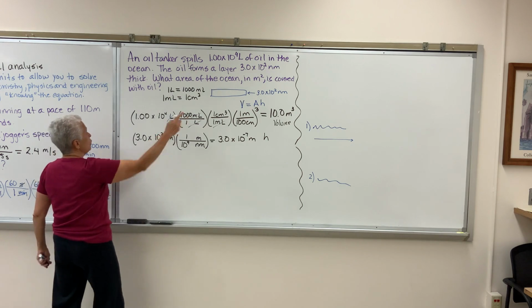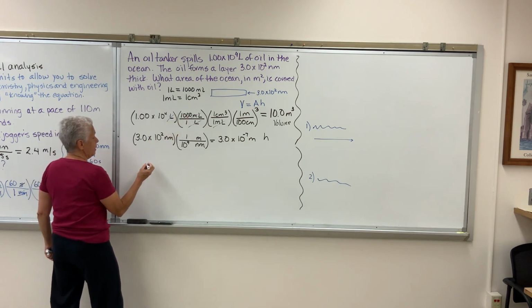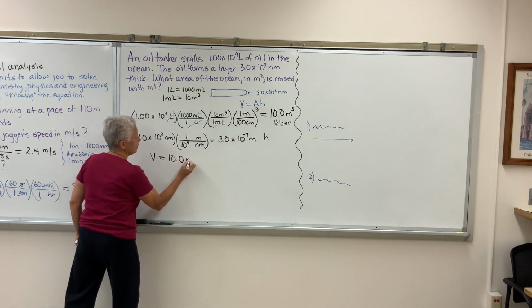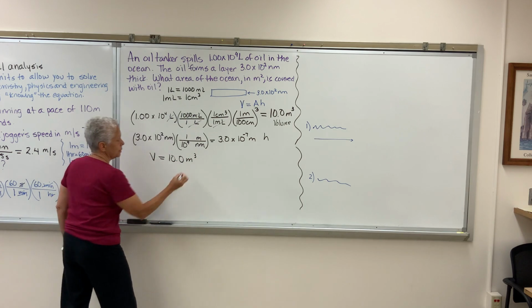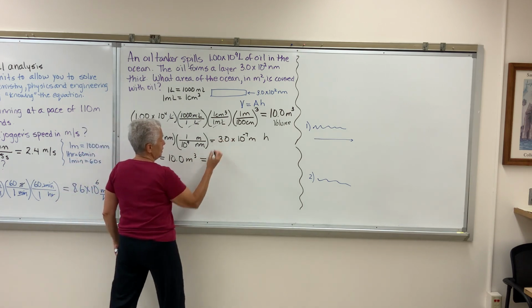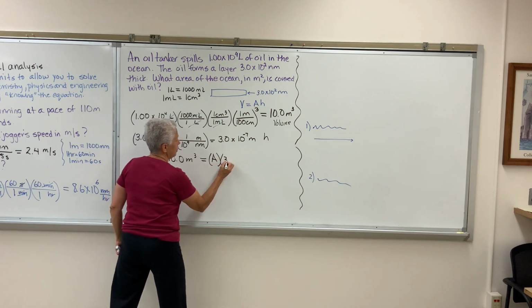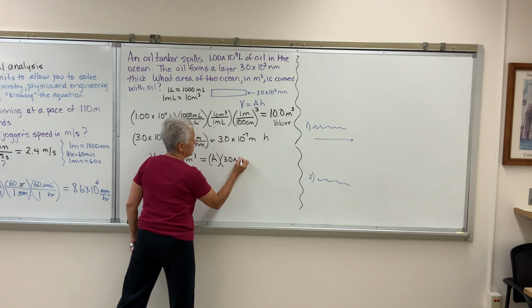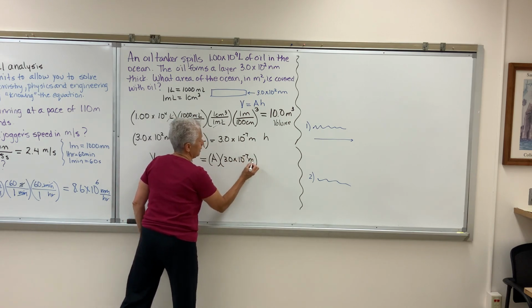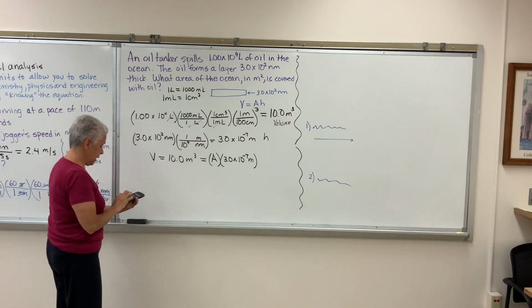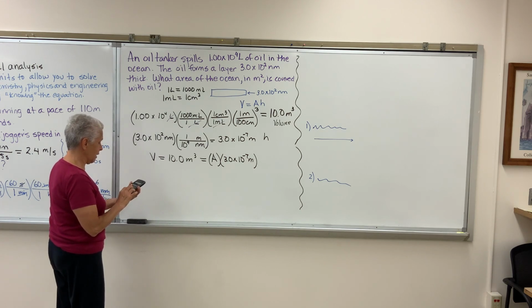All right, so if you just want to use the equation there, volume equals 10.0 meters cubed. And then I have A is what I'm looking for, the area, right? And then I have 3.0 times 10 to the minus 7 meters for the height. And so I have 10 divided by 3 times 10 to the negative 7.